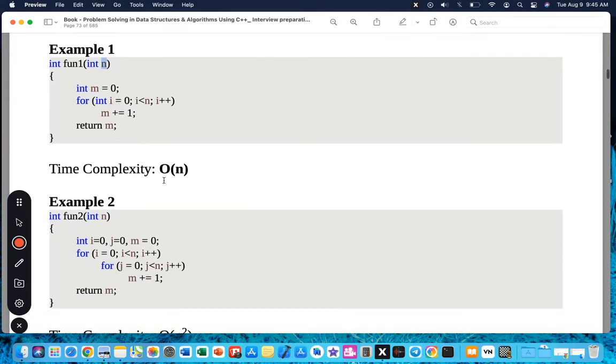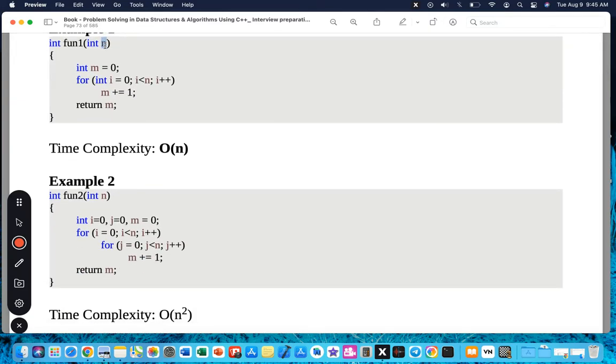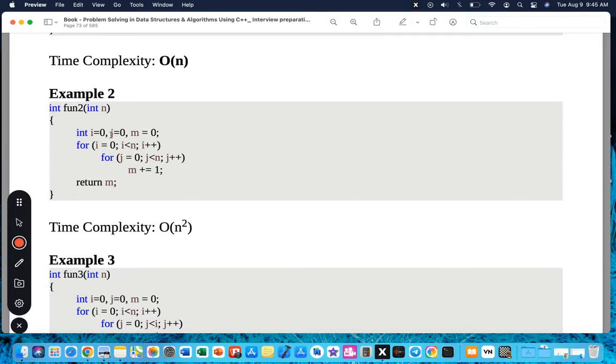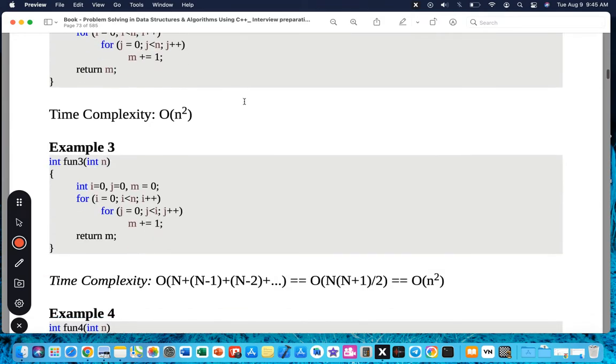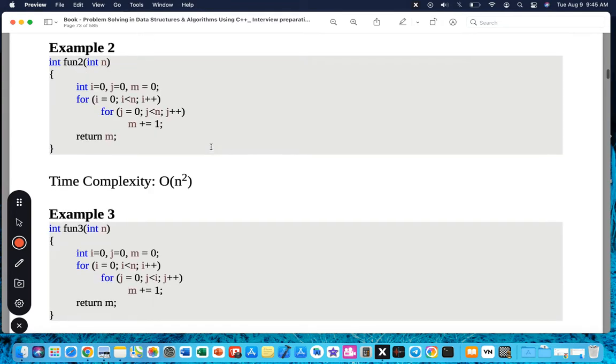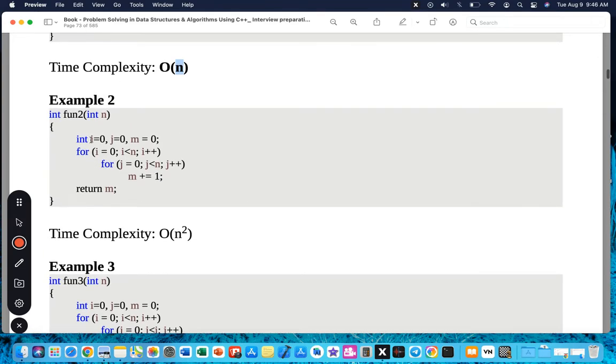Time complexity examples. Okay, this is proportional to the n, linear. And here we have 2 loops, one inside the other. It's a function of n, because we have i and j, and we compare i with n and j with n.